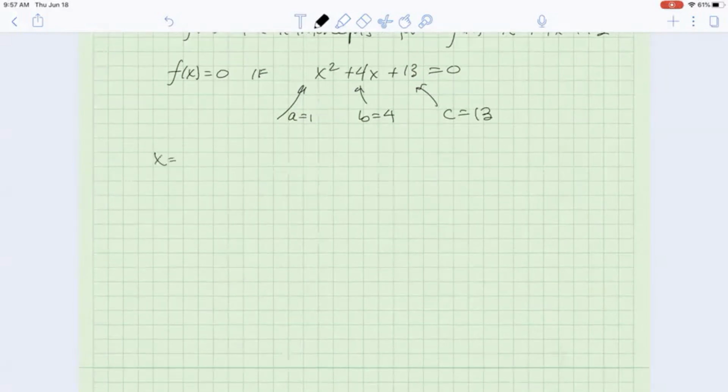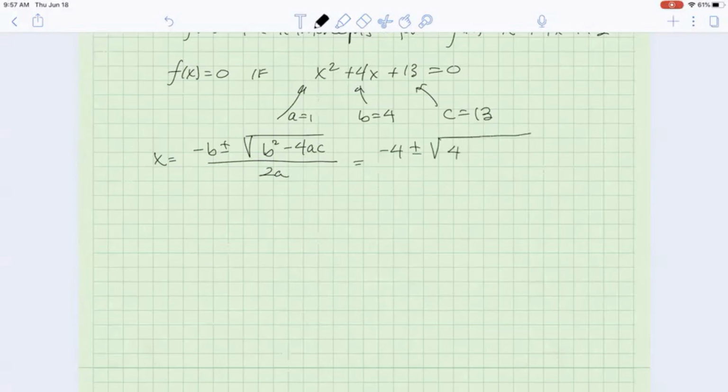That means x is equal to negative b plus or minus the square root of b squared minus 4ac all over 2a, which in this case is negative 4 plus or minus the square root of 4 squared minus 4 times 1 times 13 all over 2 times 1.